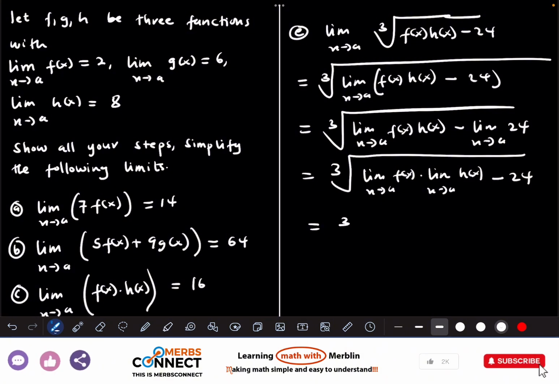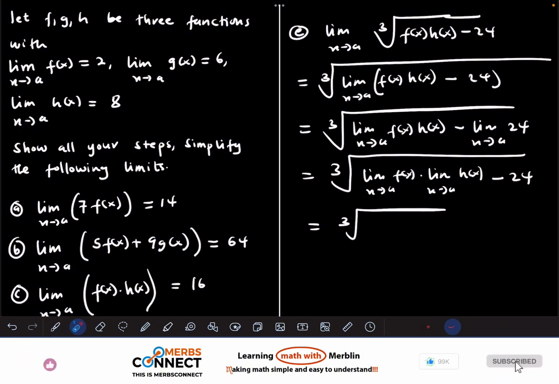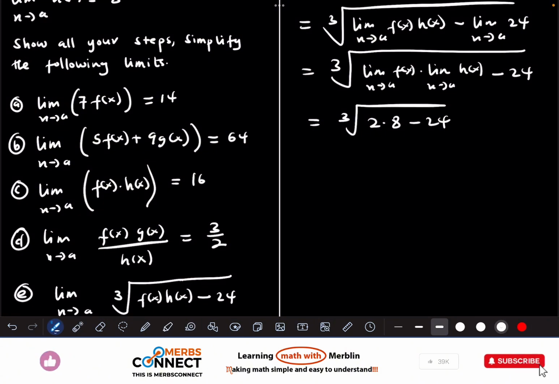So cubic root of, now from the function, f of x is 2 as x is approaching a, and h of x is 8. So we are going to have 2 times 8 minus 24, and we are going to have cubic root of 16 minus 24, which is cubic root of negative 8.